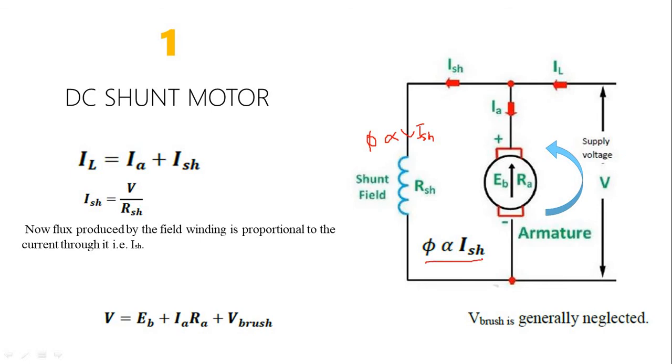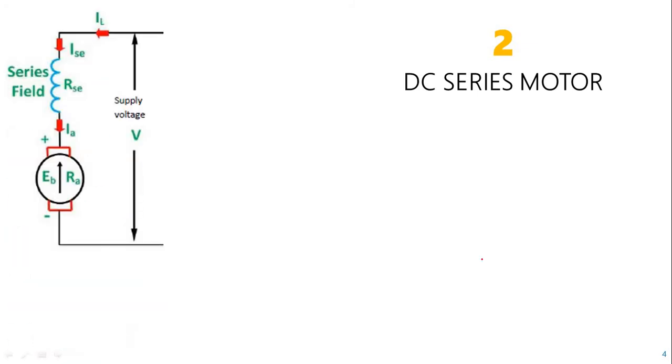The second case is the DC series motor. Here the field winding is connected in series with the armature winding, so we can call it the series field winding, and the entire connection a DC series motor.